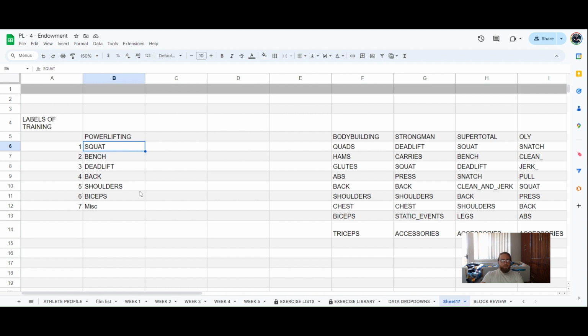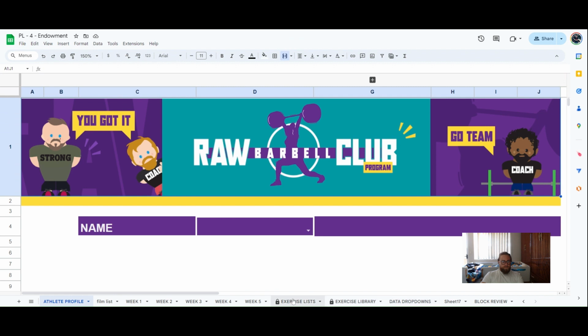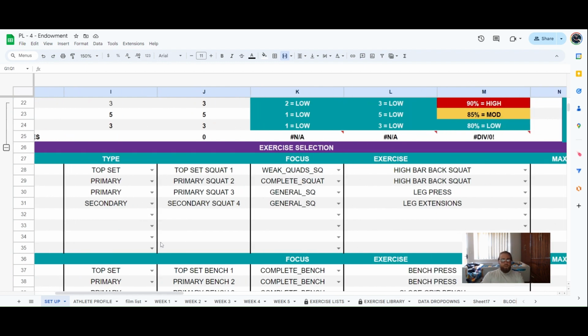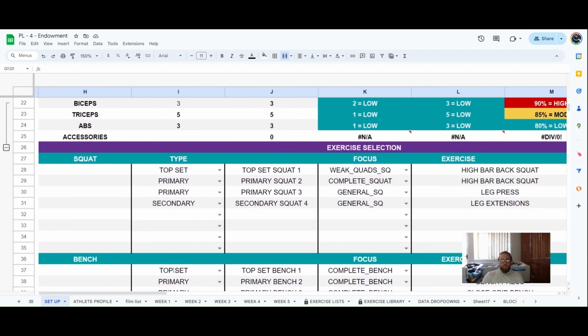I do have a good example of how you can put this together. In this, we have how groups can be put together. Each of these is programmed via groups. So you have your squats and all your squats underneath.